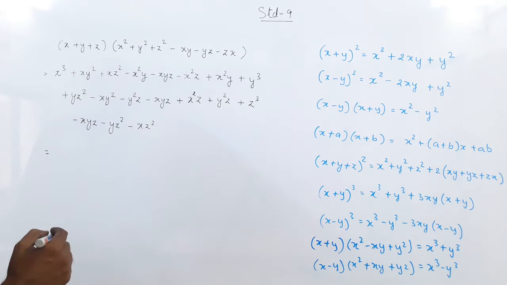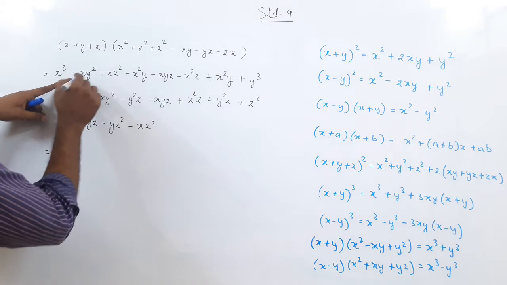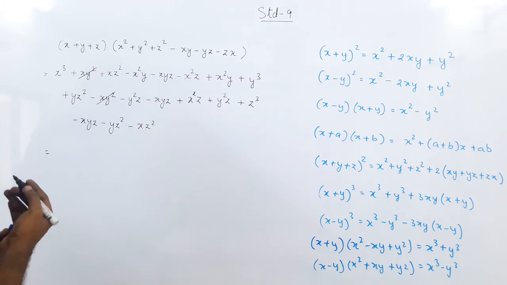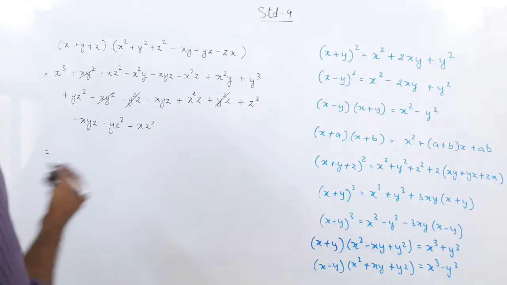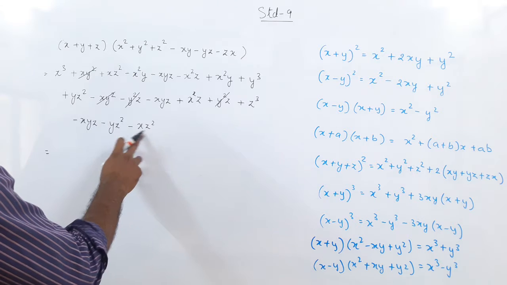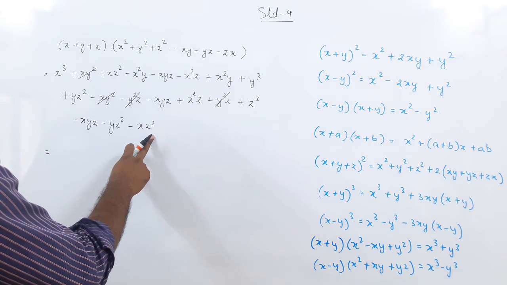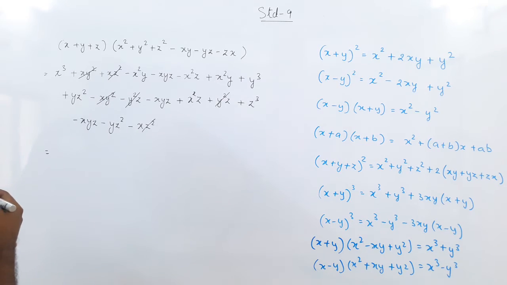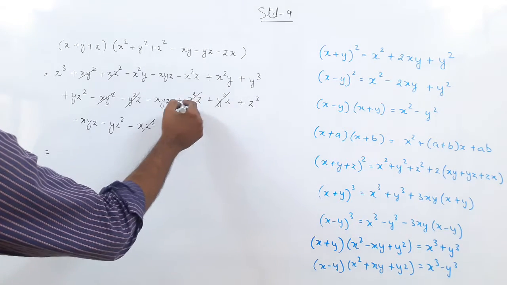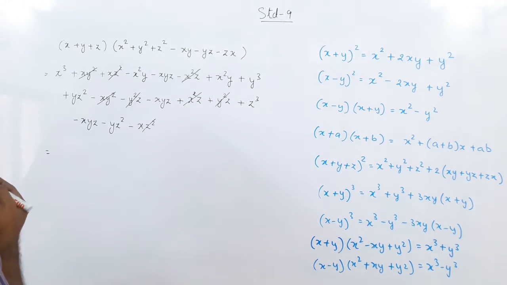Now let us check. Plus xy square and minus xy square gets cut. Plus y square z and minus y square z gets cut. Minus xz square and plus xz square gets cut. Plus x square z and minus x square z gets cut.